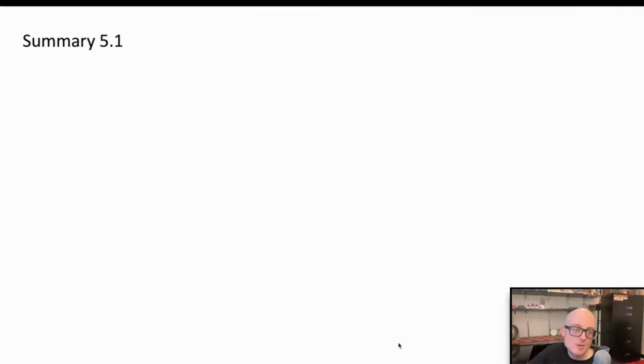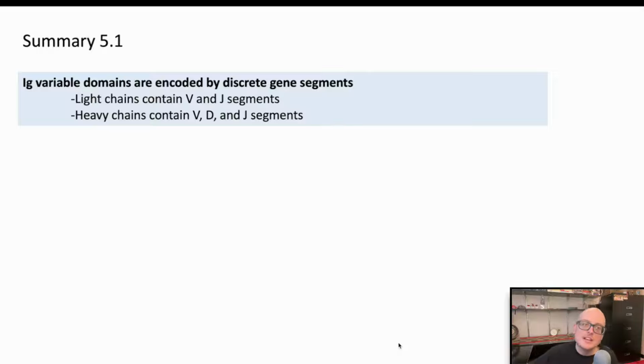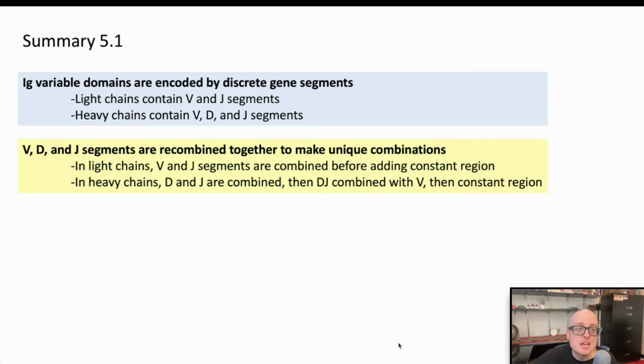For now, let's summarize this video, the first part of our discussion of VDJ recombination. We saw that immunoglobulin variable domains or regions are encoded by discrete gene segments. Light chains are encoded by V and J segments, whereas heavy chains are a combination of V, D, and J segments. In any case, these segments are recombined together to make unique combinations.